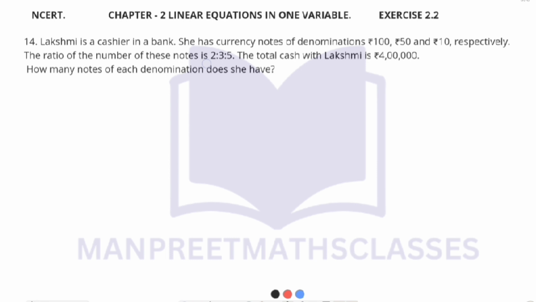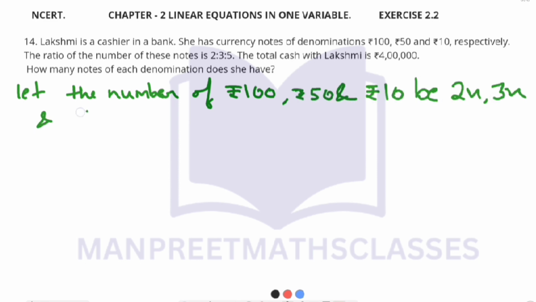अब हमें नंबर ऑफ नोट्स तो गिवन है 2:3:5. तो इसको सपोज कर लेंगे एज 2x, 3x एंड 5x. So let the number of rupees 100, rupees 50 and rupees 10 notes be 2x, 3x and 5x. जैसे मैंने आपको बताया था, you have to take x with the digits given in ratios.